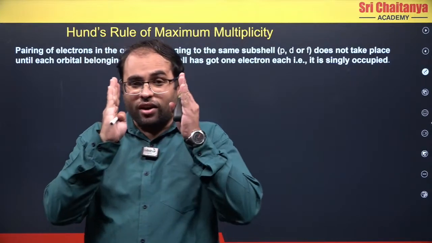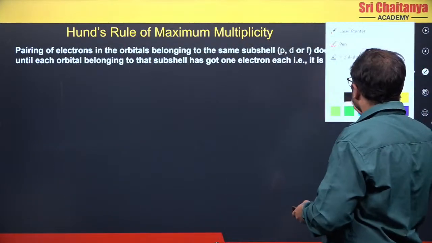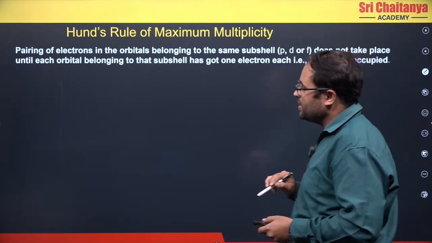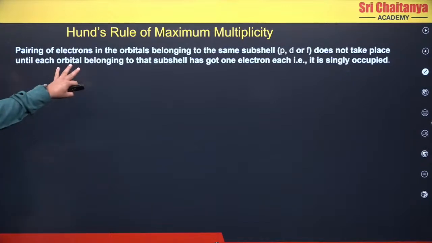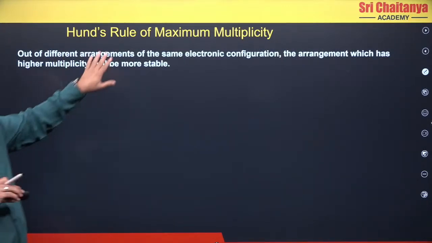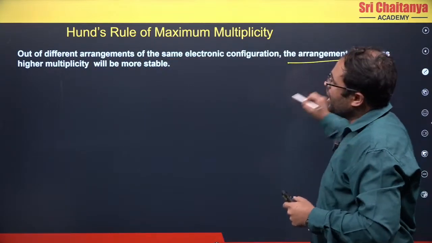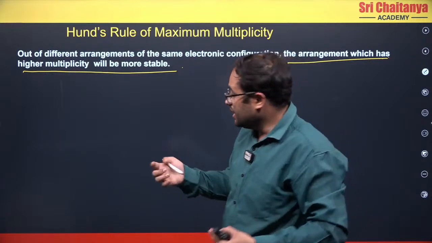Now this was confining us to one orbital. Now I'm moving on to more than one orbital through Hund's rule of maximum multiplicity. This rule tells us that out of different arrangements of the same electronic configuration, the arrangement which has higher multiplicity will be more stable. Let us understand.